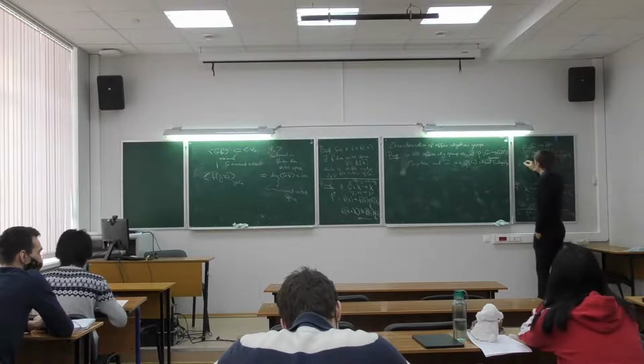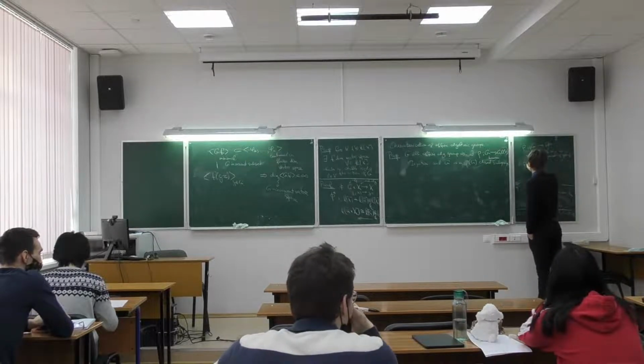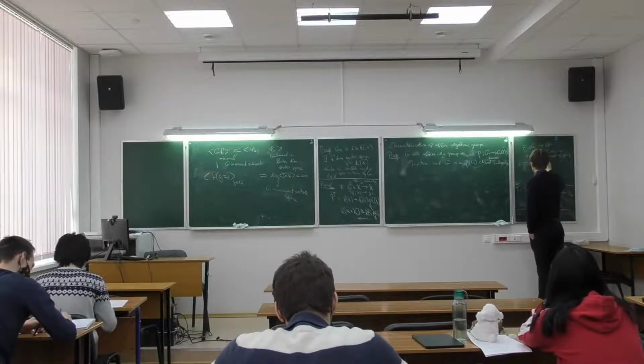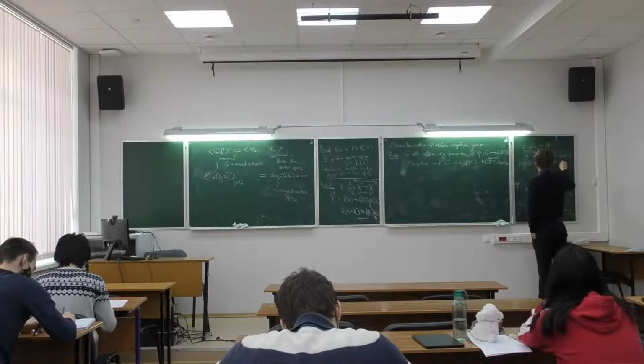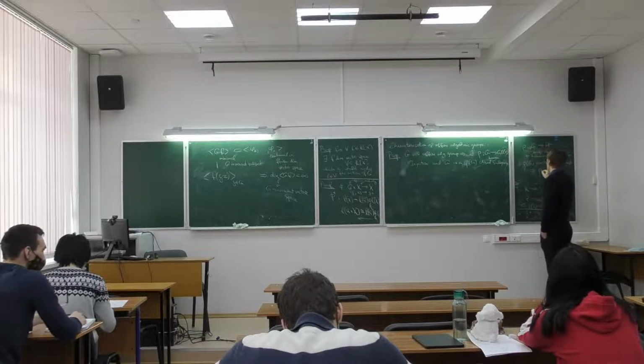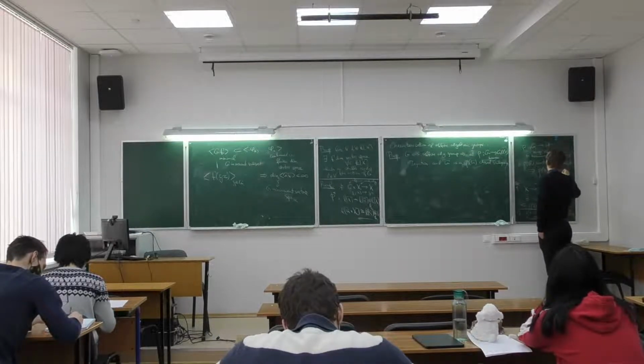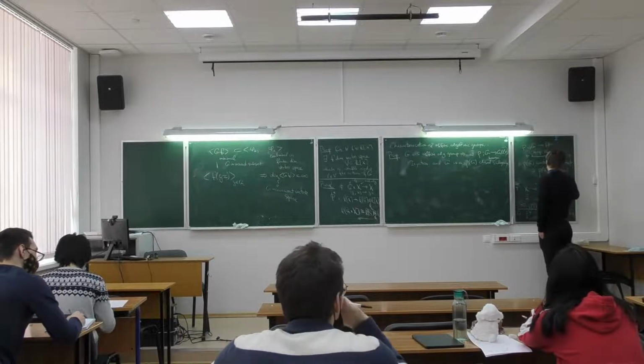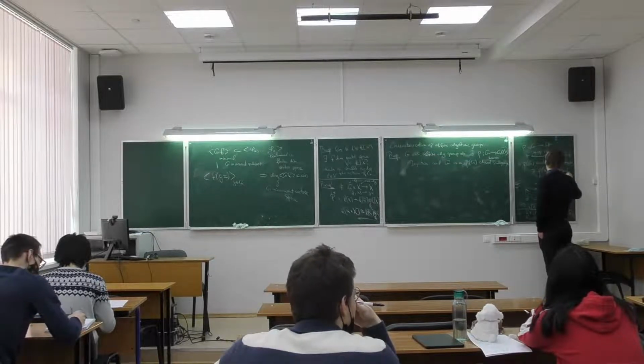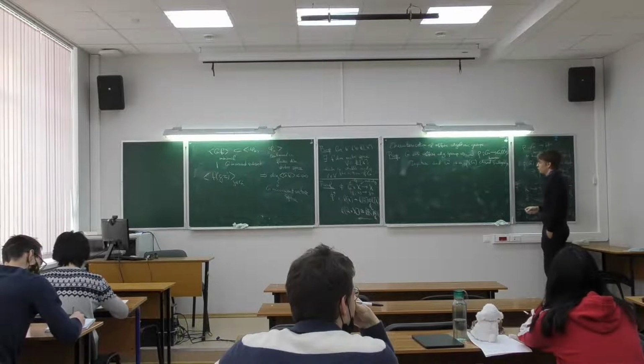But in algebraic groups, we know that rho of G is a constructible subset. So by our observation, rho of G is a closed subgroup. So this is more or less automatic.